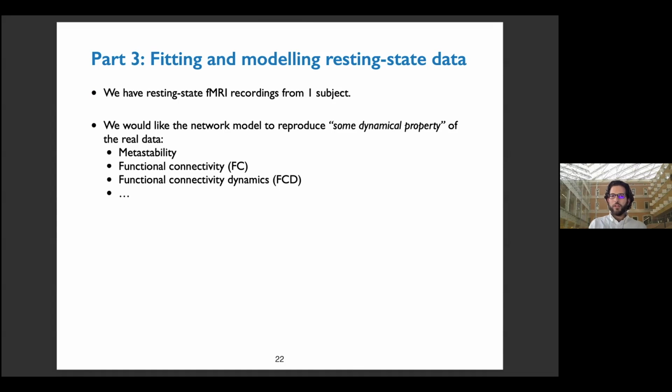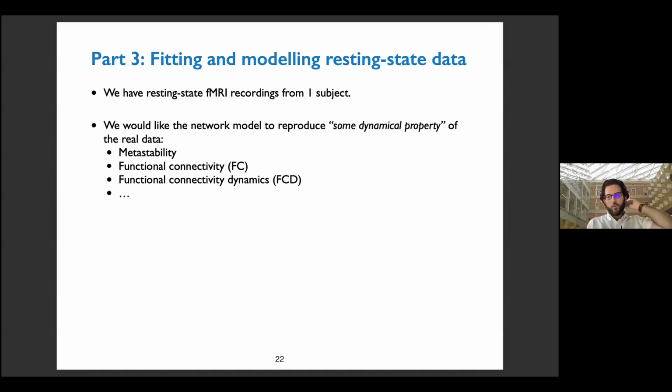Now the question is, what do we do with this if we want to understand something regarding real data? So for part 3, we are going to work with fitting and modeling real resting state data. We have resting state fMRI recordings from one subject in this case. In some cases we work with more subjects, but just to give you a sense of what we are doing, we have resting state recordings from one subject.